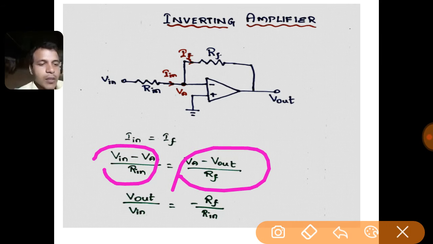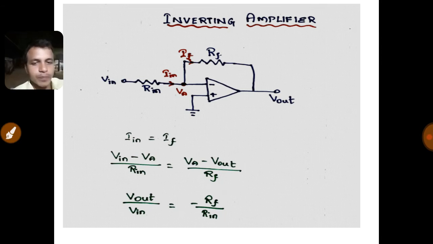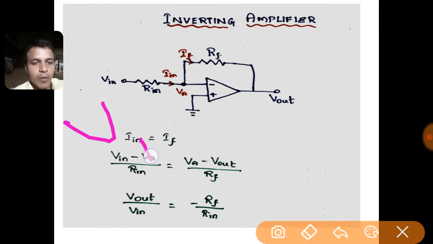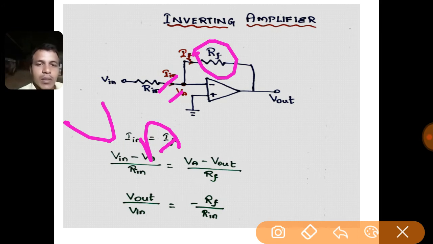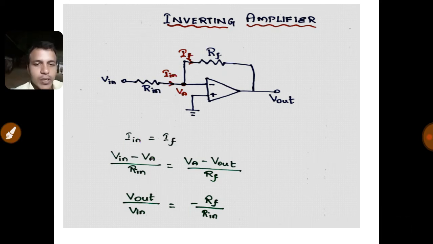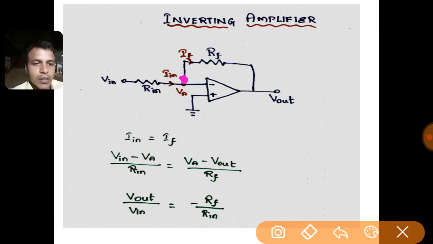Now the value of Va is 0. The reason is the node A. So this is the node A. This node A is virtually grounded with respect to the non-inverting input terminal.